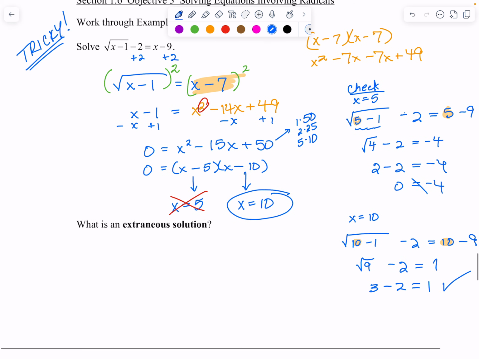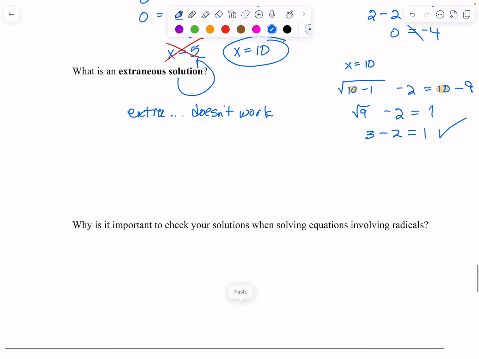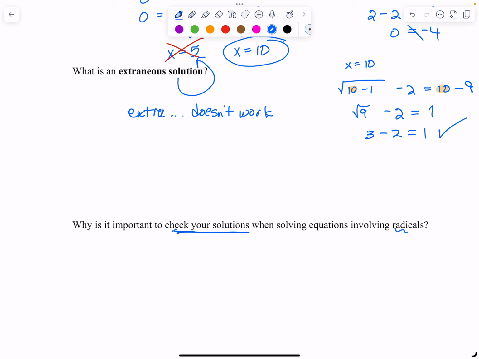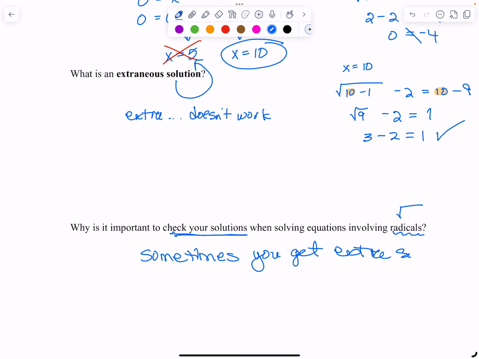What is an extraneous solution? That guy. It's extra. It doesn't work. I've mentioned that in the past. We've had a few extraneous solutions, right? Why is it important to check your solutions when you have radicals? Radicals are square roots. It's because sometimes they don't work. Sometimes you get extraneous solutions, extra solutions that don't work.